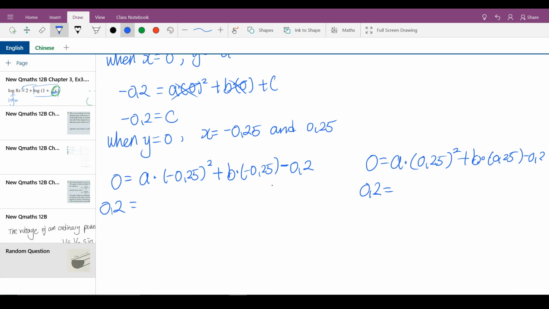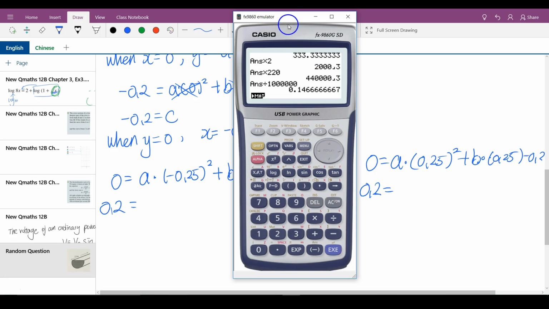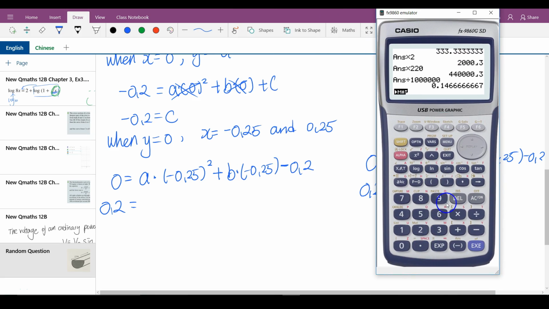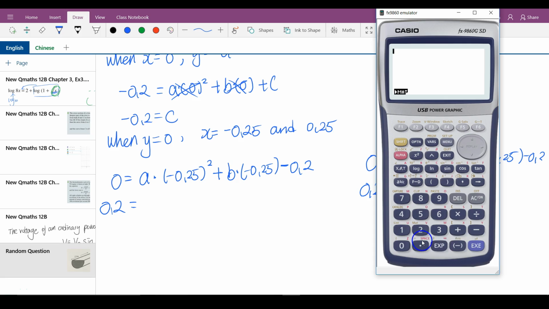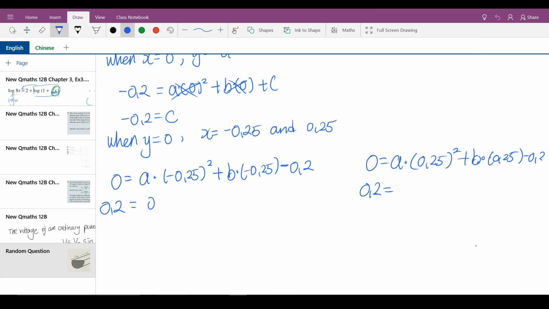So let's go negative 0.25 squared. Let's use a calculator. So when you're raising a negative to the power of anything, we're meant to put a bracket there. Negative 0.25 to the power of 2 gives you 0.0625. So this is 0.0625a, right?